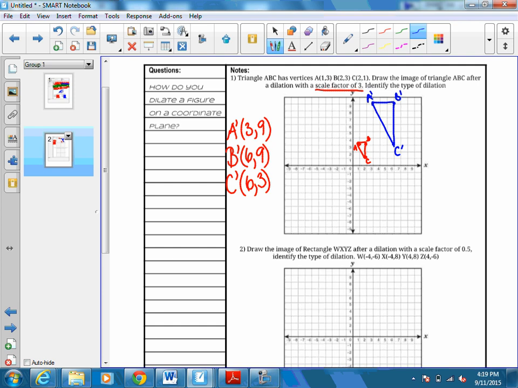So if you look at it, when I multiply by my scale factor of 3, that's what my dilation is, all right? My whole figure became an enlargement. So remember we said if my scale factor is larger than 1, then my dilation is an enlargement. So for number 1, this is an enlargement.